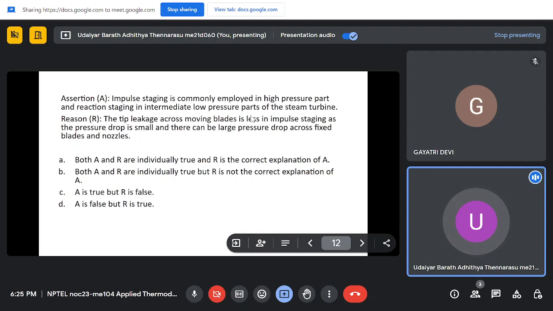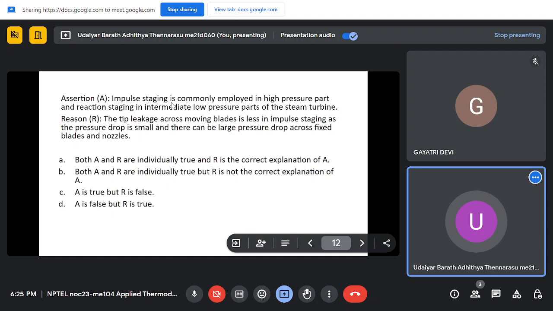Moving on, the assertion is that impulse staging is commonly employed in the high pressure part, and reaction staging in the intermediate and low pressure part of the steam turbine. The reason given is that tip leakage across the moving blade is less in impulse staging, and the pressure drop is small there, and there can be a large pressure drop across fixed blades and nozzle.